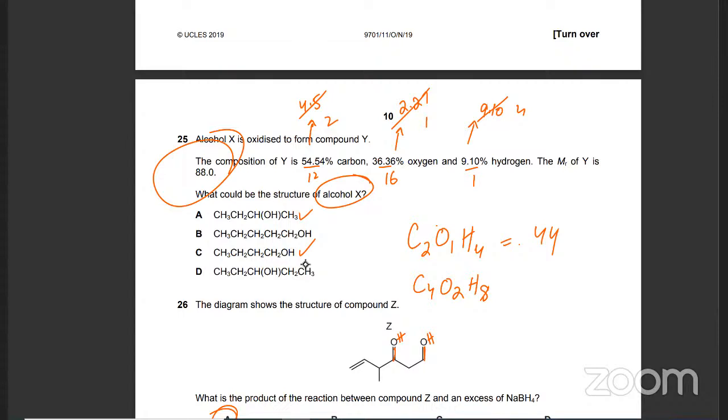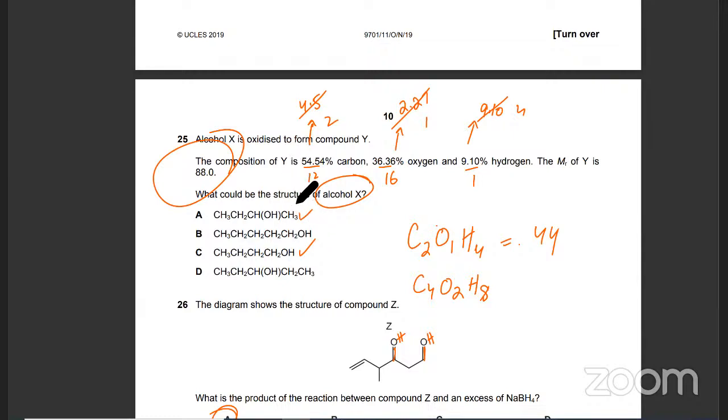So why C? I mean, there's one issue. So what is X? It's got C4. It has the same H's. C has 10 H. This one also has 10 H's.